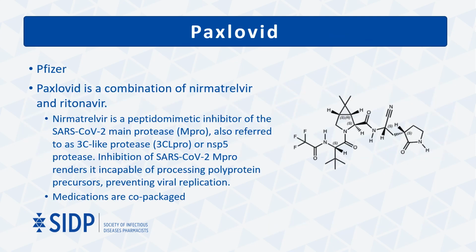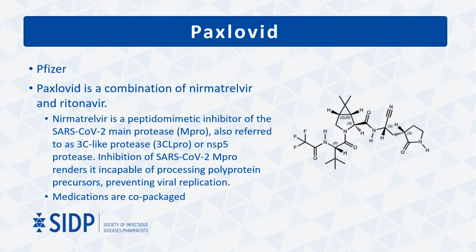Moving on to Paxlovid. Paxlovid is a combination of nirmatrelvir and ritonavir. Nirmatrelvir is an inhibitor of the SARS-CoV-2 main protease, Mpro, which is also referred to as a 3C-like protease.